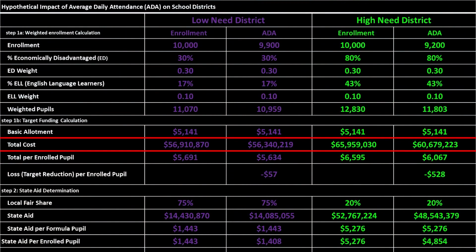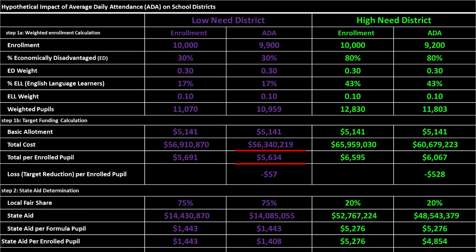When calculating the total cost per student, it must be noted that there is a $5,141 basic allotment per student in Texas. This means that at least $5,141 is given to school districts per student. Now, in order to calculate the target funding, we must use the weighted pupils calculated above and multiply it by the basic allotment, $5,141.